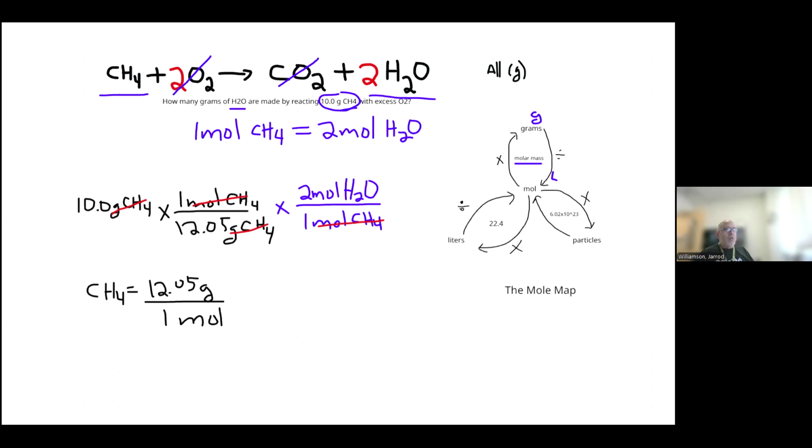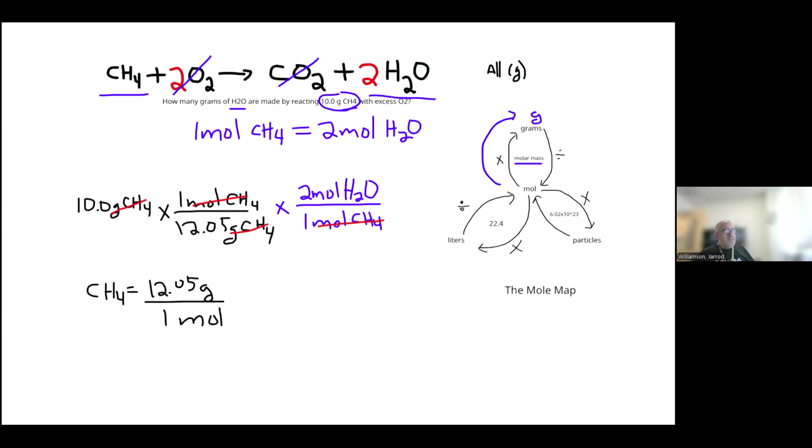So now I need to go from moles to grams, and what I actually need to do is put the arrow on the other side. Moles to grams, I go this way, and I have to multiply by the molar mass.